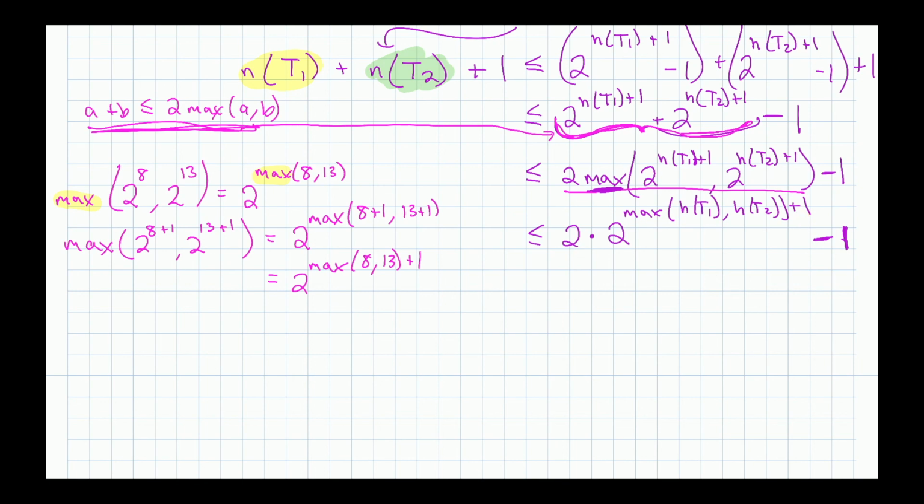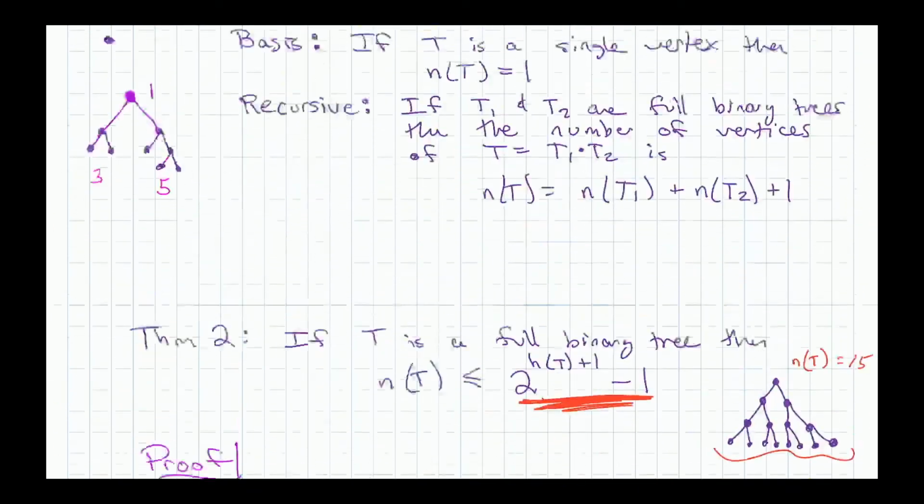Okay, now why did I do that? Well, the reason is if we just look at the definition for height, actually. So let me undo that. If you look at this definition right here, maximum of the height of T1 and the height of T2 plus 1, we've actually seen that before.